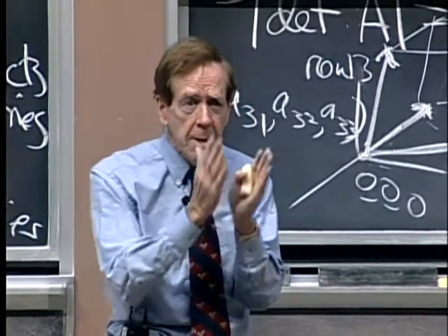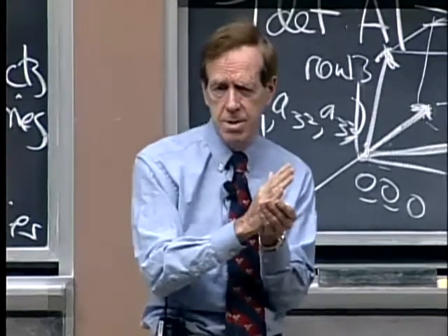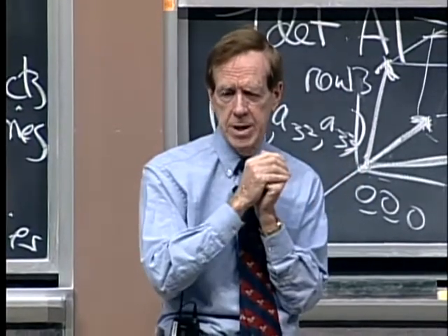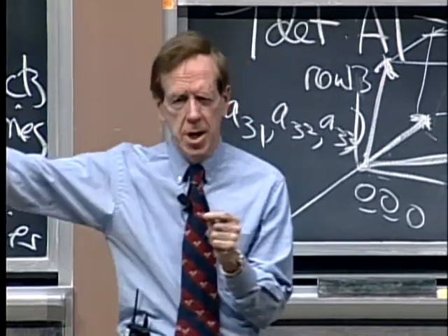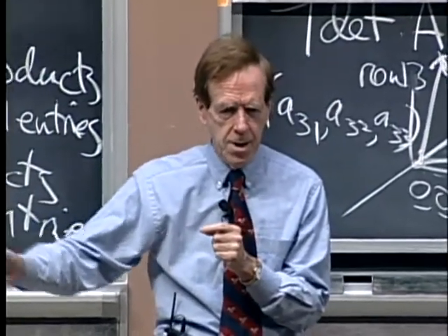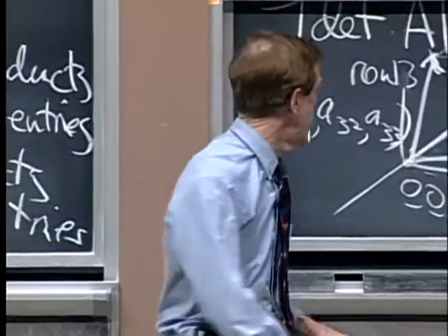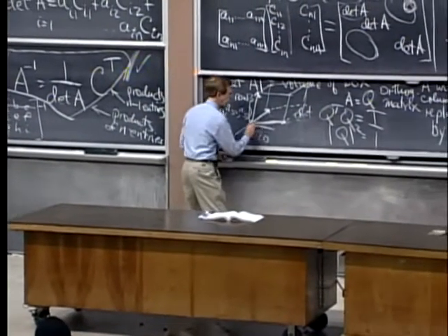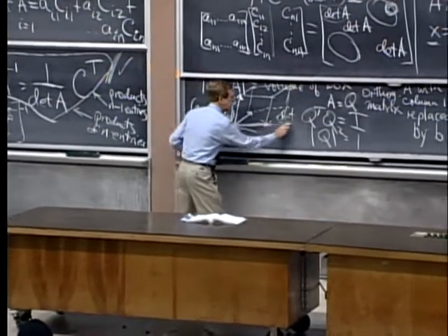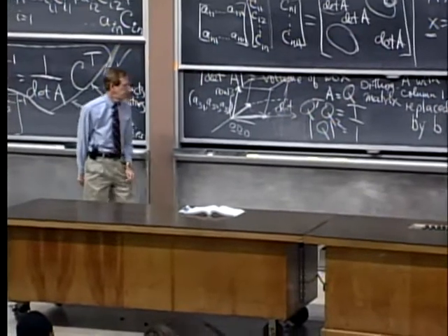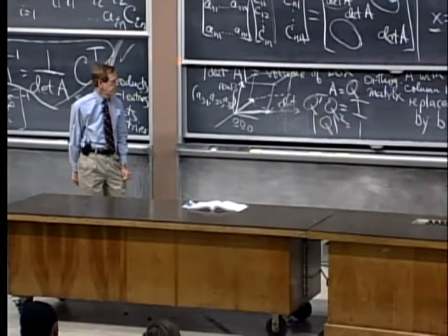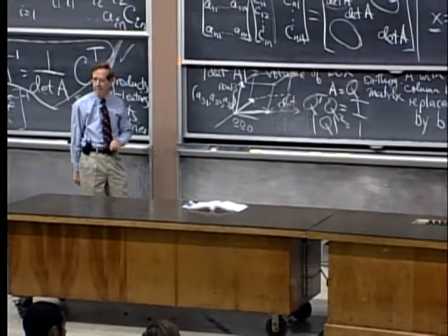Let me keep all the 90-degree angles, because that makes my life easy, and just stretch the edges. Suppose this first edge I double, keeping the other edges the same.